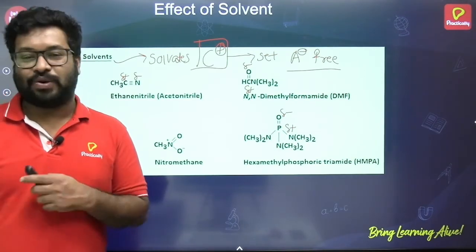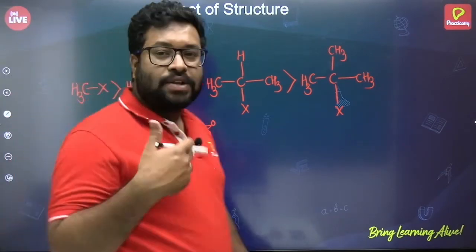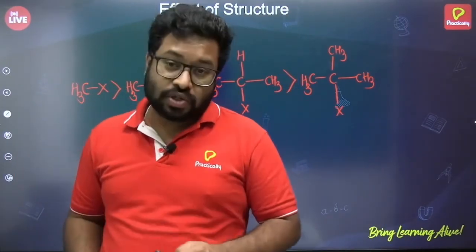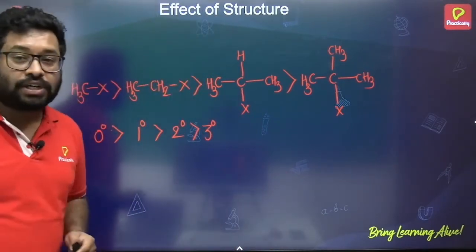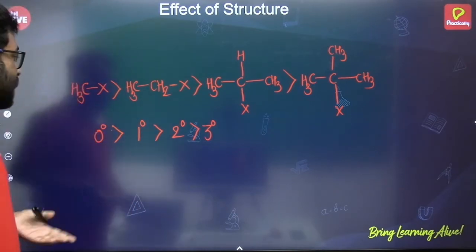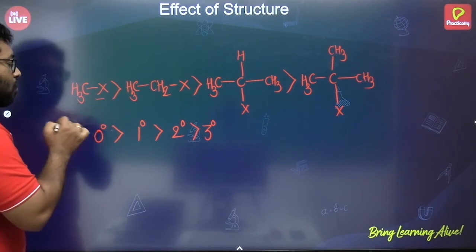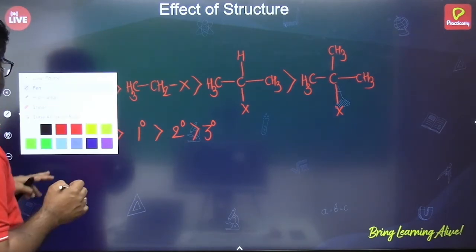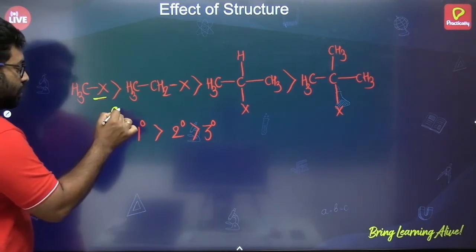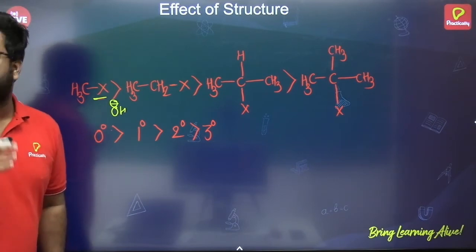Okay, moving ahead. The effect of structure. Now the SN2 reaction is not affected only by solvent. It is also affected by the structure of your substrate. We already saw that X does not allow your nucleophile to come and attack easily. This X restricts OH minus from attacking from the front side.